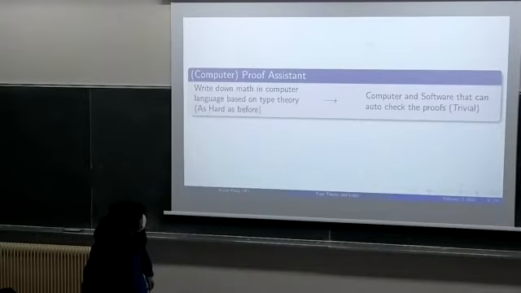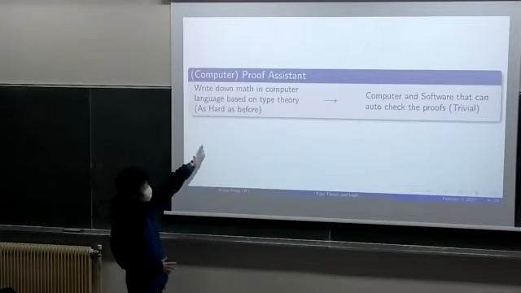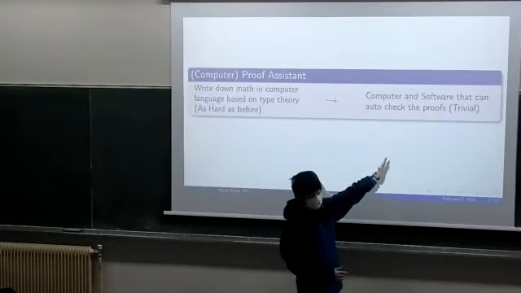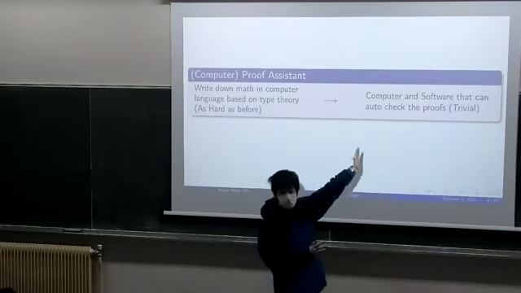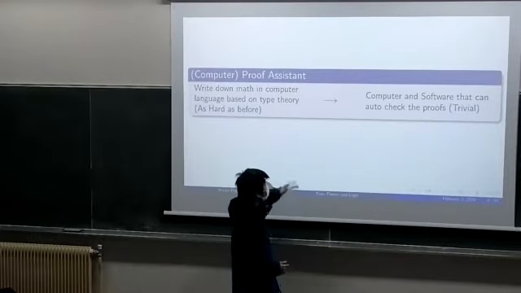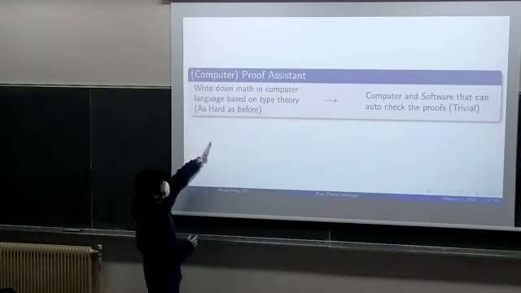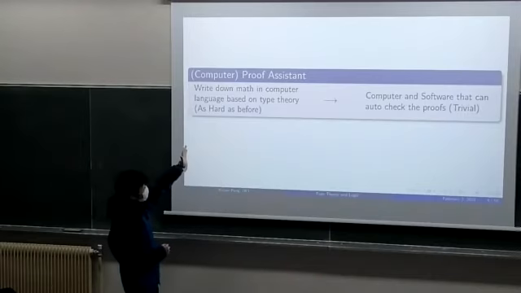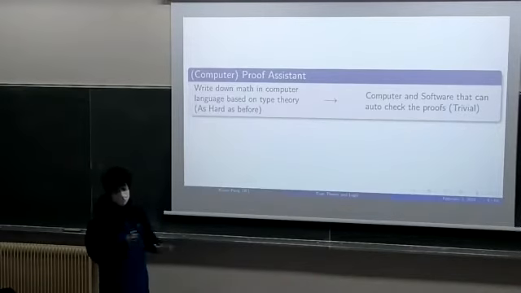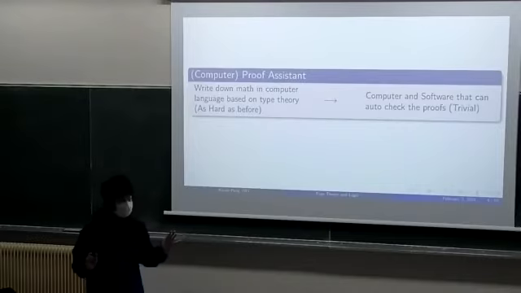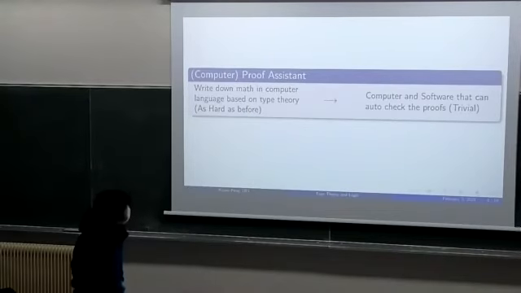In this system, this step is as hard as before, but this step will be contributed by the computer. So we will release mathematicians from the work of checking proofs. We only need to write down our proof in some computer language based on type theory. But this language, we will see, is really related to our human language.